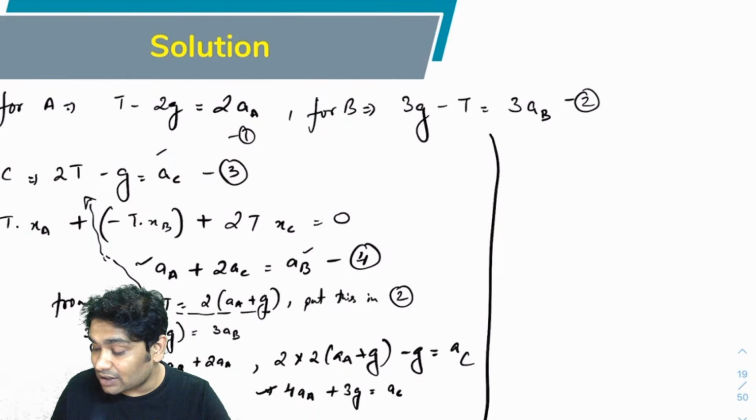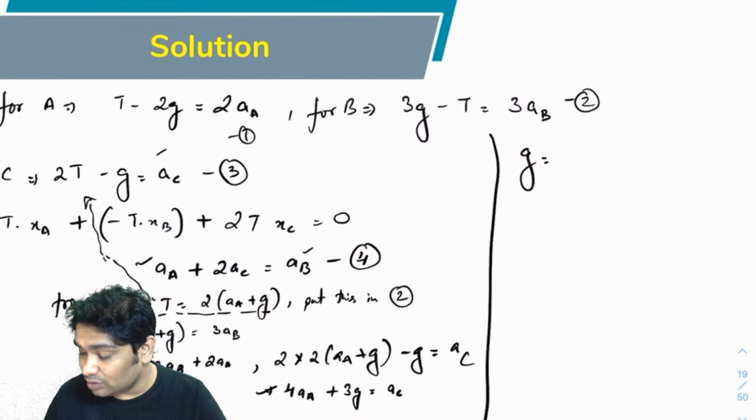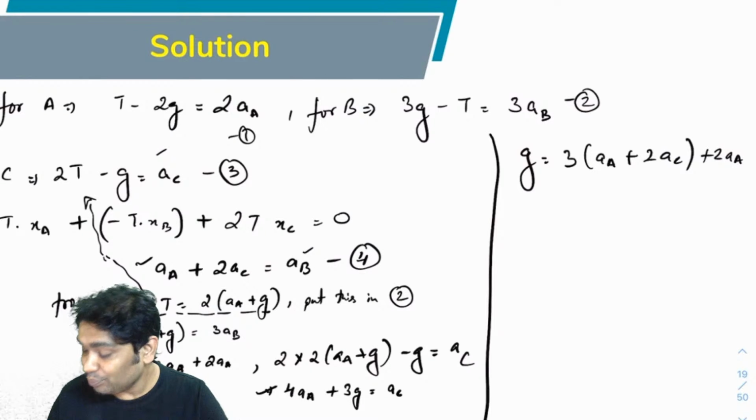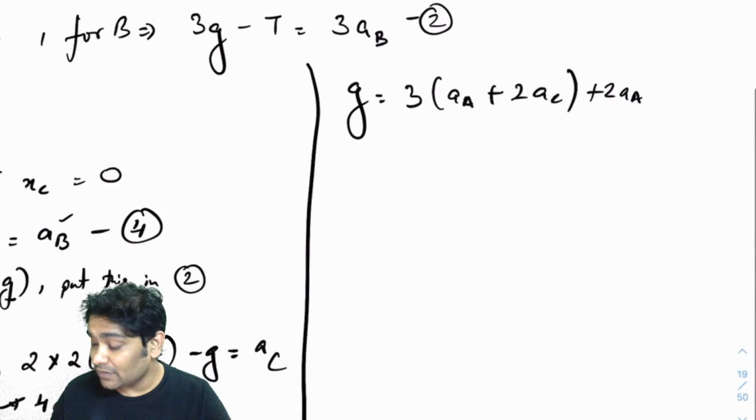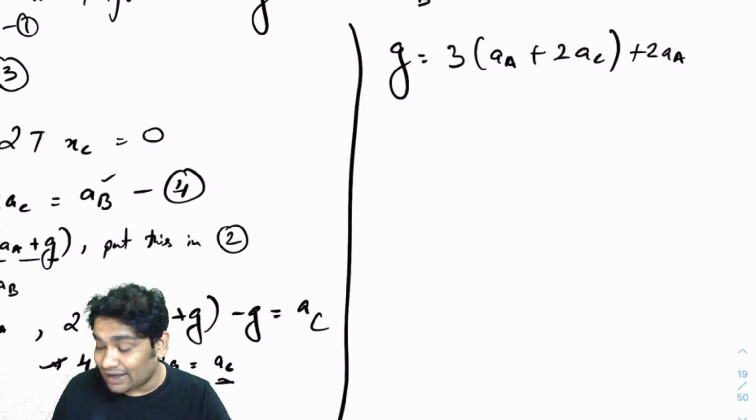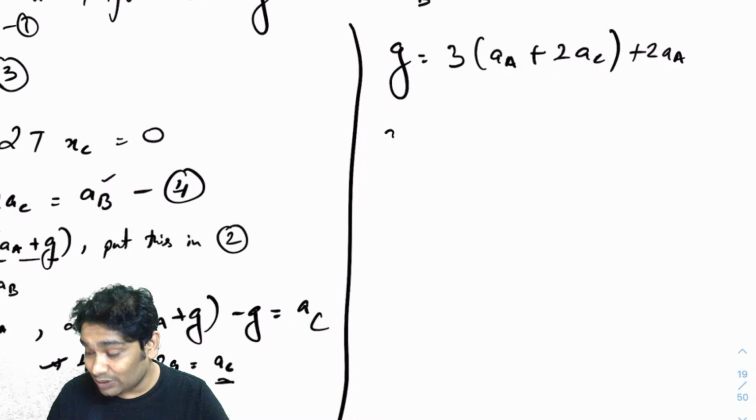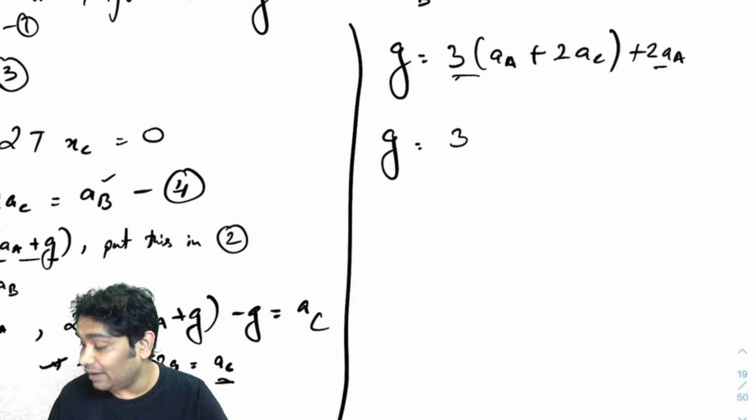In this equation, let's substitute the value of A_B from here. So what I get is g equals 3 times A_A plus 2A_C, alright, plus 2A_A. Alright. And now for A_C, I will substitute this value.